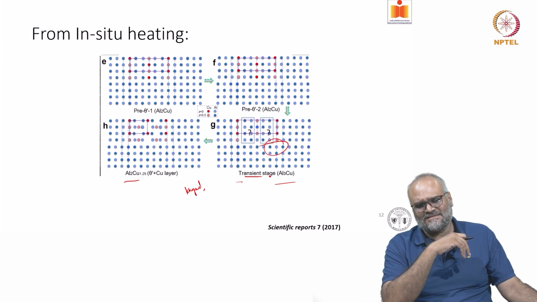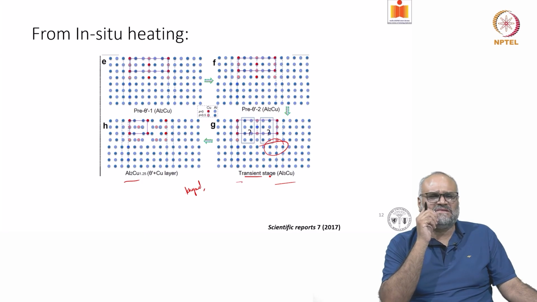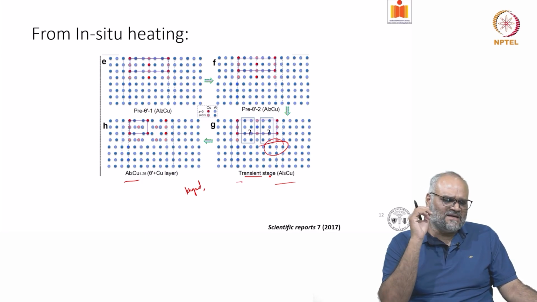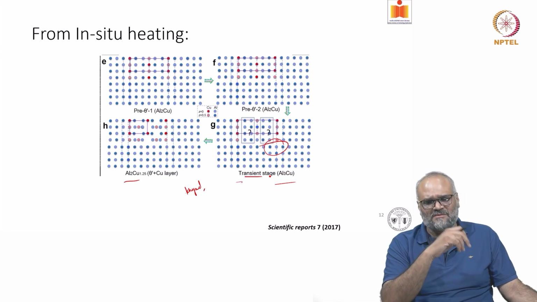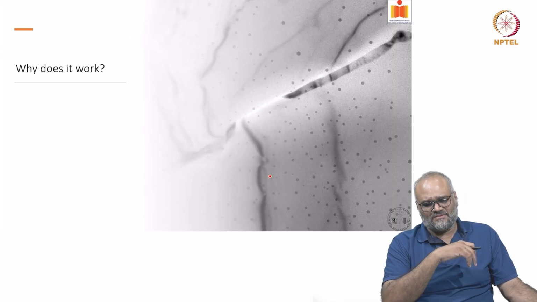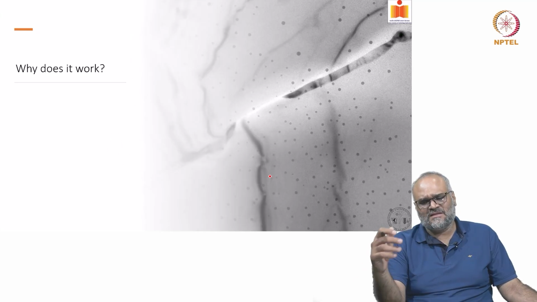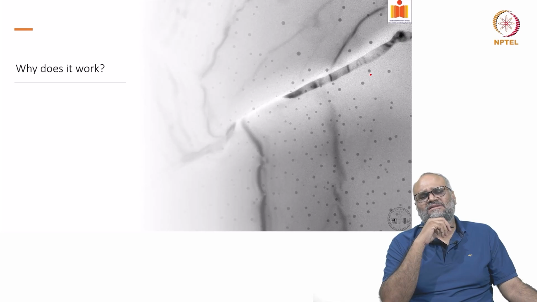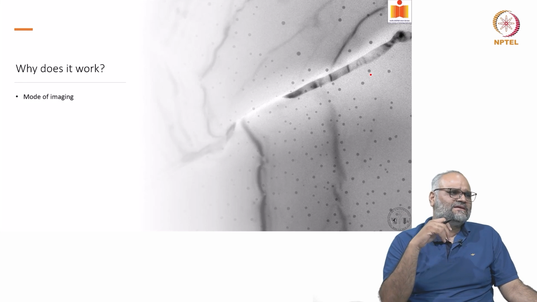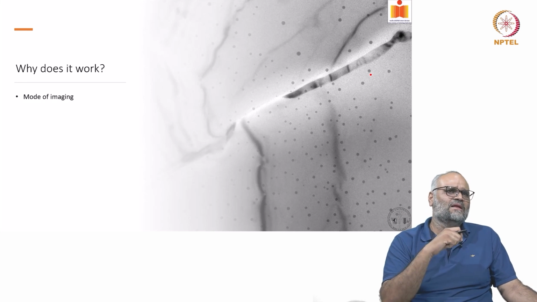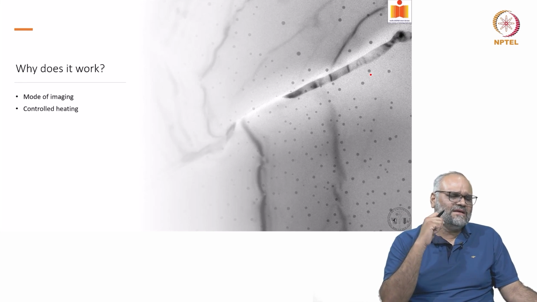Now the question is, there have been heat treatment studies done for a very long time, and why does it work in this particular case, and why is it similar to what you can expect from a bulk behavior? So the image you see in the background here is precipitates of copper which are on surface, and again going back to the question, why does it work? It is because primarily it is the mode of imaging, and furthermore it is controlled heating.